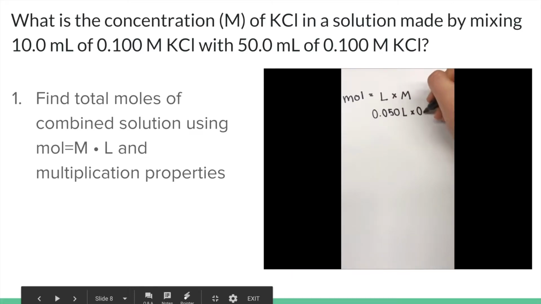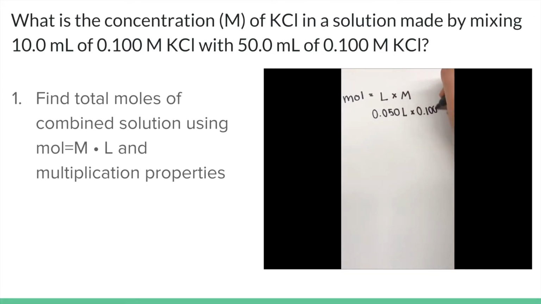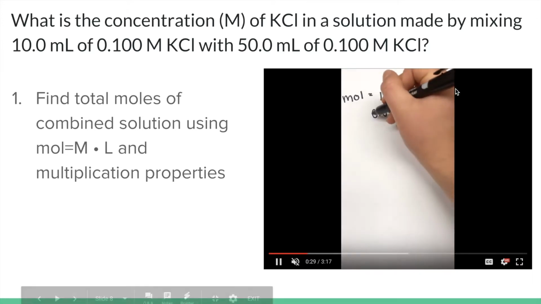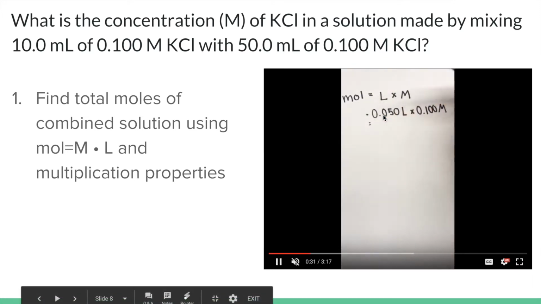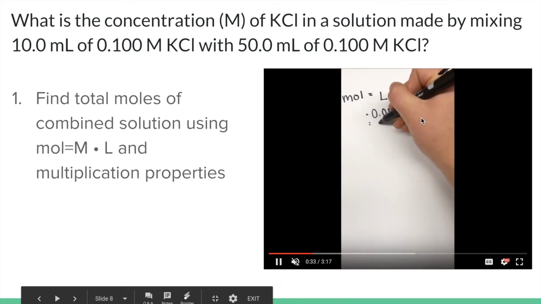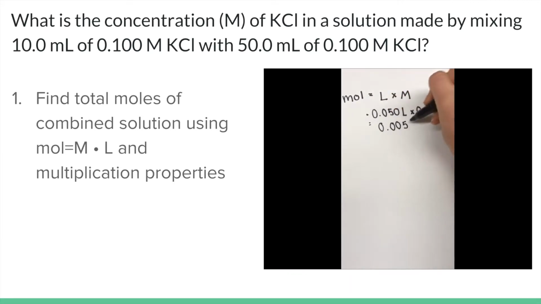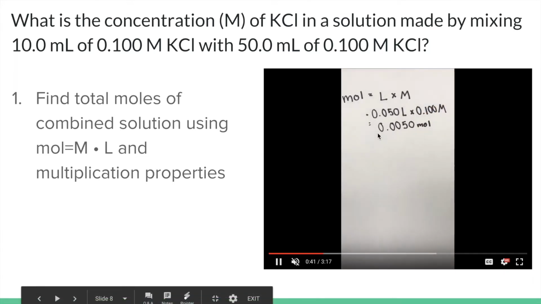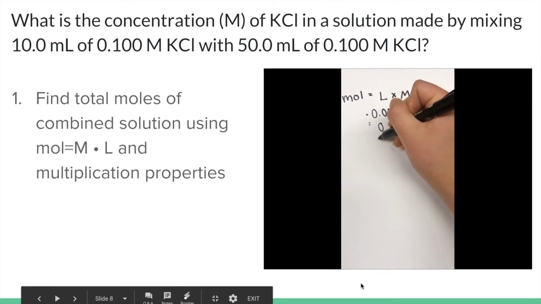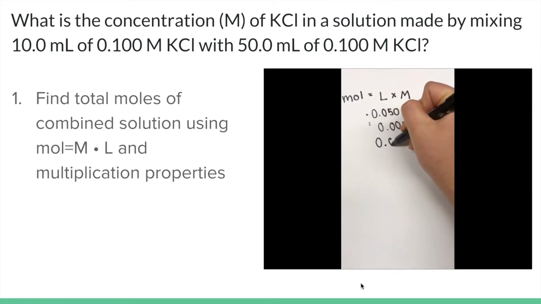So we're going to have 0.050 liters times 0.1 molar. And like we learned before, we're just going to add the zeros. So 1, 2, 3, 0.005 moles, because 5 times 1 is 5.